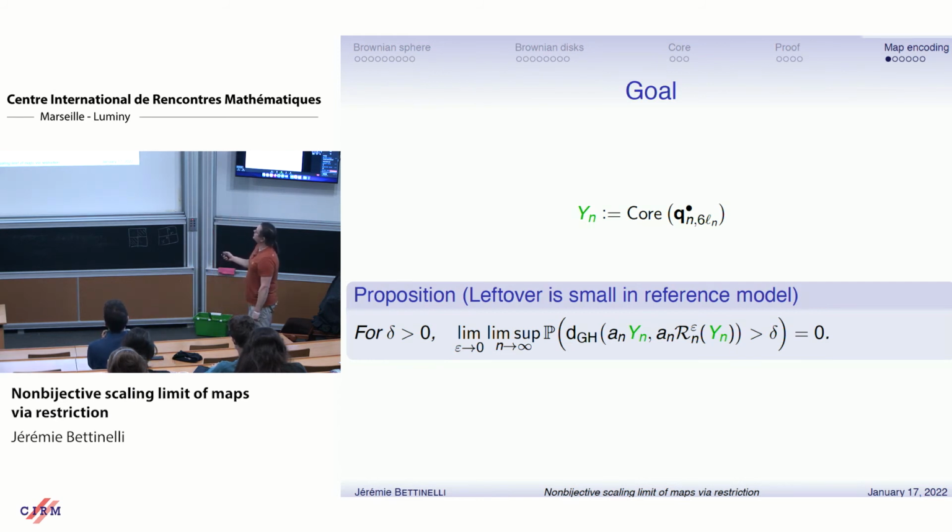So my goal is to show that, I recall the notation, I called Y_n, the core of my map with a generic boundary, no tilde here. So I have n faces and a boundary length of l_n, and the boundary is not simple in this model. So my point is to show that the distance between my model and its restriction is small.